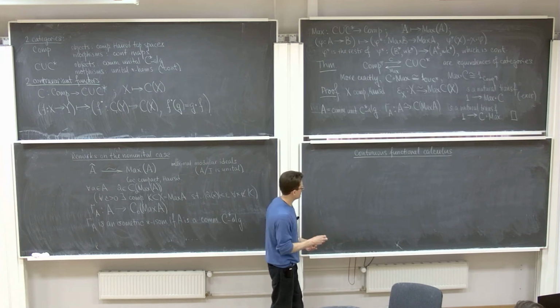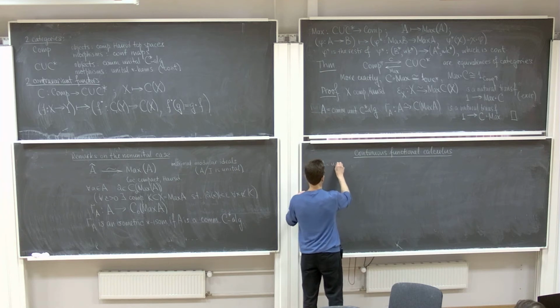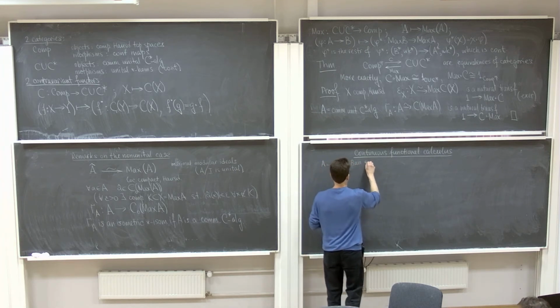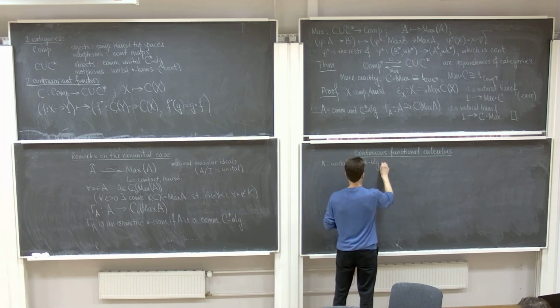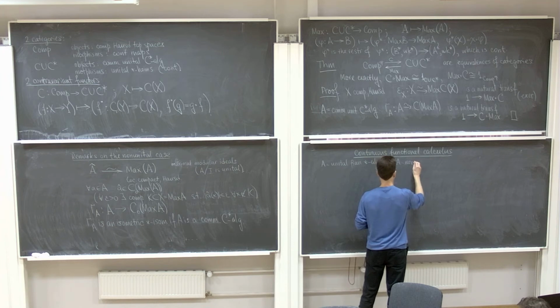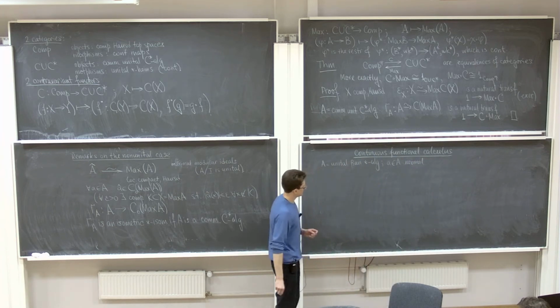Suppose that we have a unital Banach star algebra A, and suppose that little a is a normal element here.